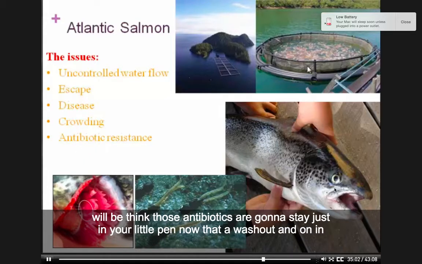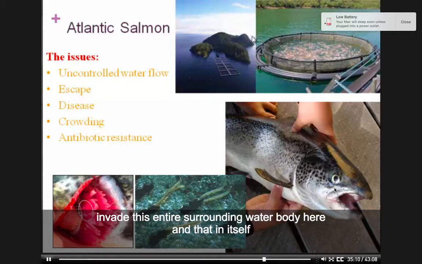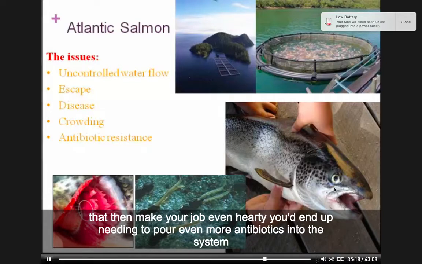Well, do you think those antibiotics are going to stay just in your little pen? No. They're going to wash out and invade this entire surrounding water body here. And that in itself ends up breeding superbacteria and superbugs that then make your job even harder. You end up needing to pour even more antibiotics into the system.